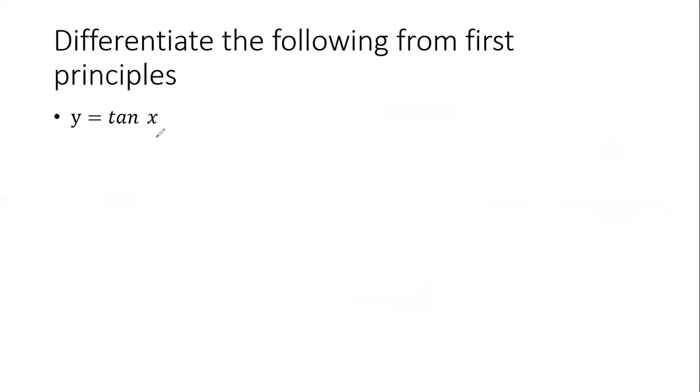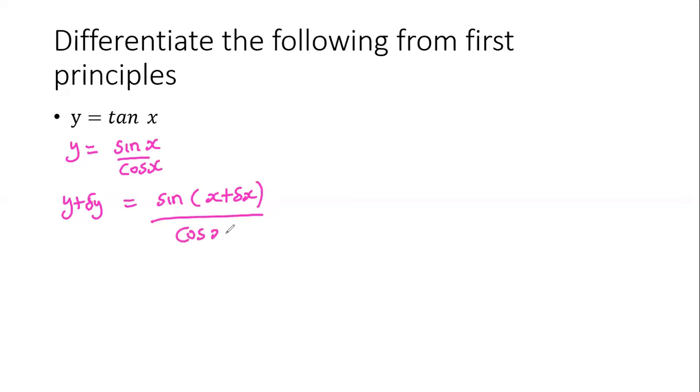When you are dealing with tan, you are first going to express it in the form tan x is sine x over cos x. Then you do y plus your small change in y is equal to sine of x plus small change in x, everything over cos of x plus small change in x.